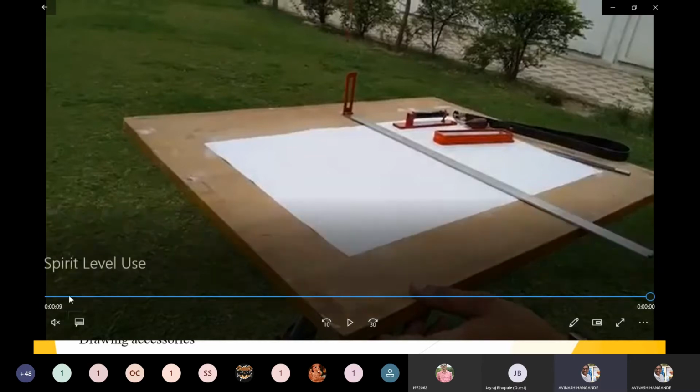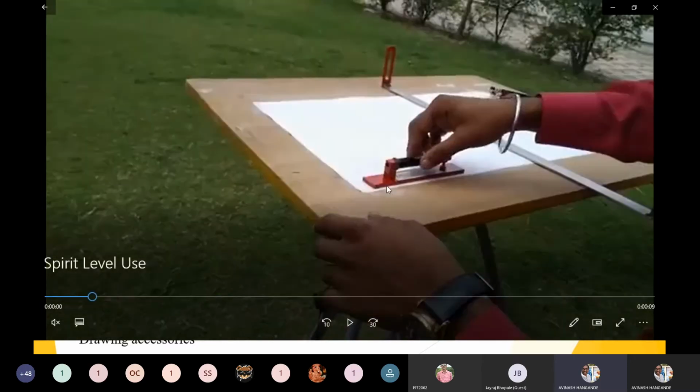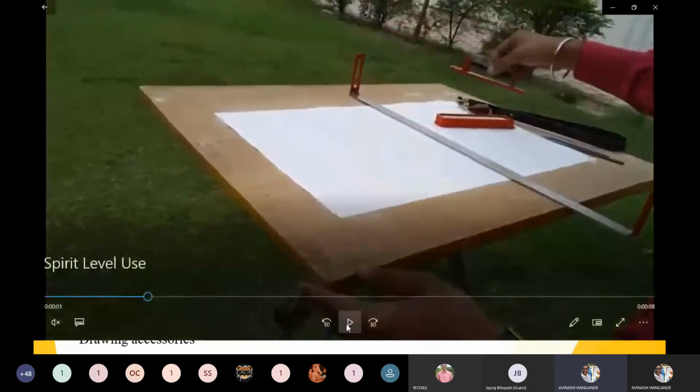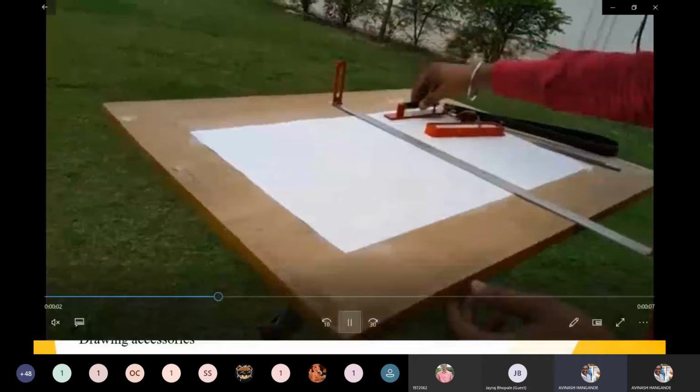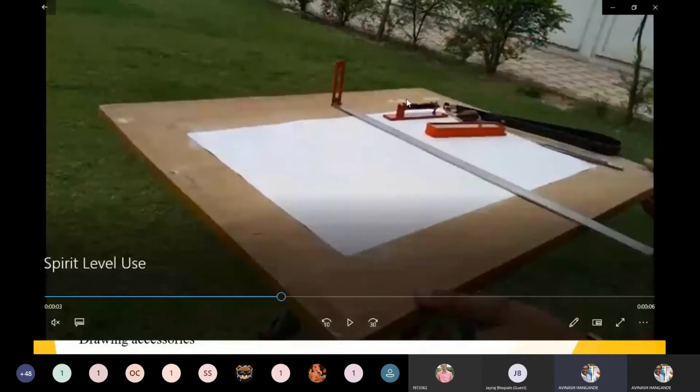So where we have to place this bubble? Remember that at opposite corner. So first, suppose you have placed your spirit level at this left bottom corner, then you have to place that at the right hand top corner. So in the cross direction at every corner. At these two corners, then in these two corners.